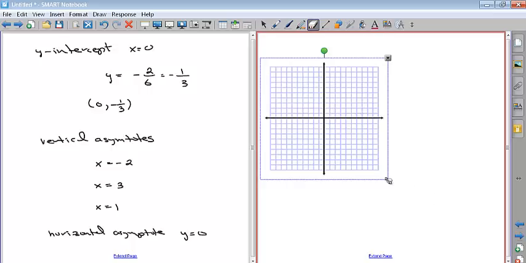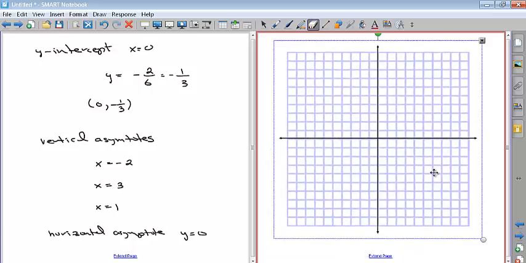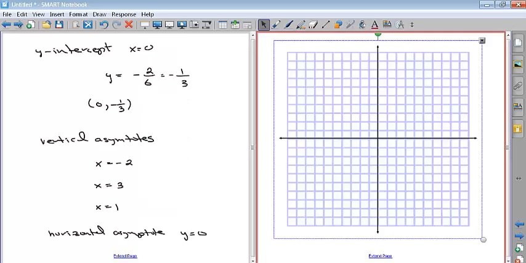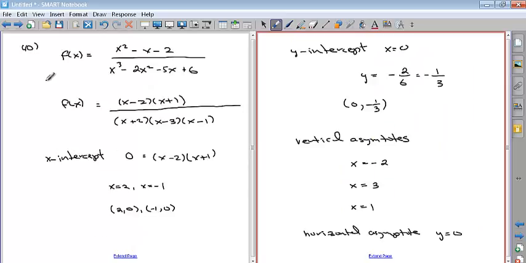Okay, not sure why it's letting me not drag that. Okay, there we go. Let's plot the intercepts. So you've got 2 and negative 1. Did I get that right? 2, negative 1.